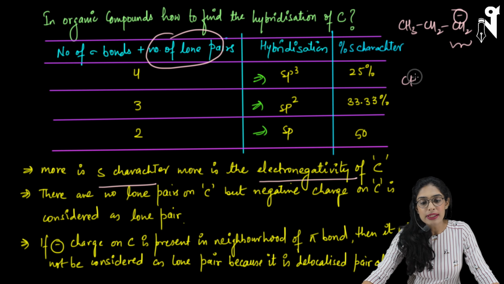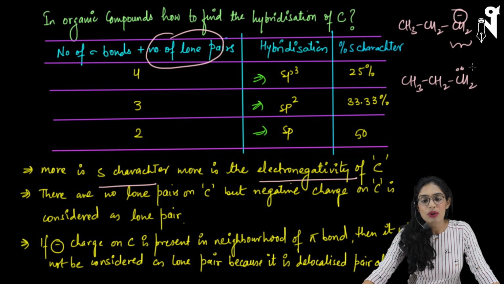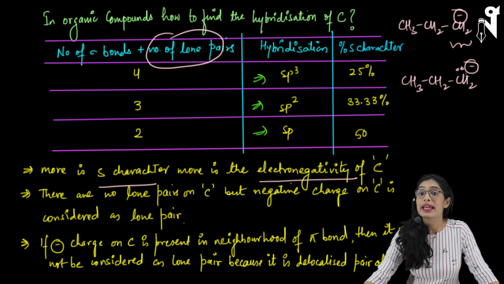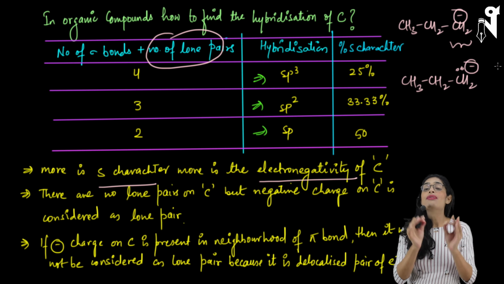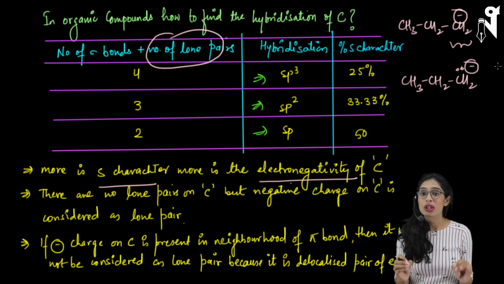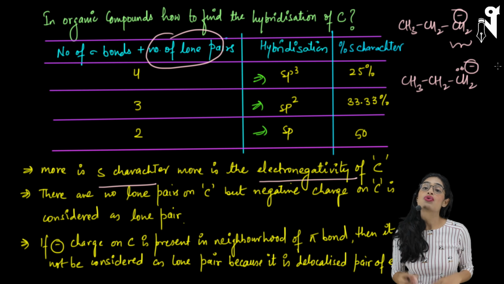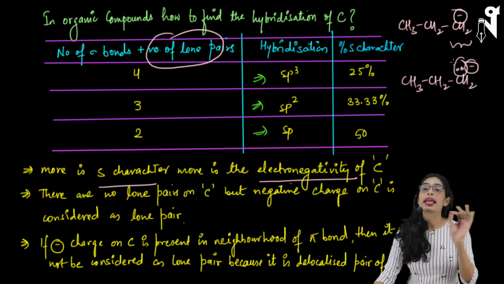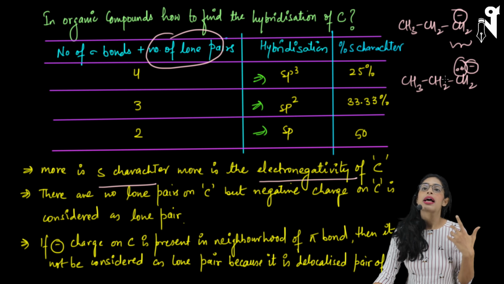Or you can also write it as CH3-CH2-CH2 with a pair of electrons on the carbon, because of which the carbon has a negative charge. So if I have a carbon carrying a negative charge, then the pair of electrons causing the negative charge will be considered as a lone pair.